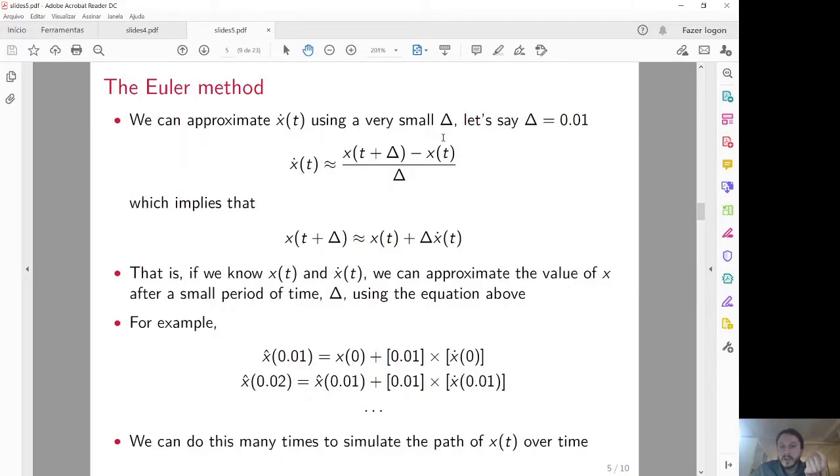So instead of thinking now that the length of the time period is going to 0, let's think about a very small time period length. Let's say that the length of the time period is this delta, is 0.01.